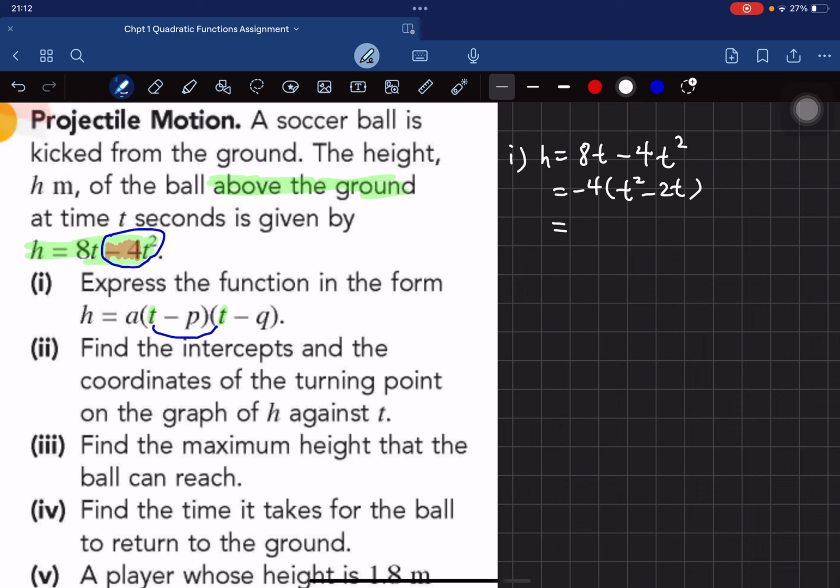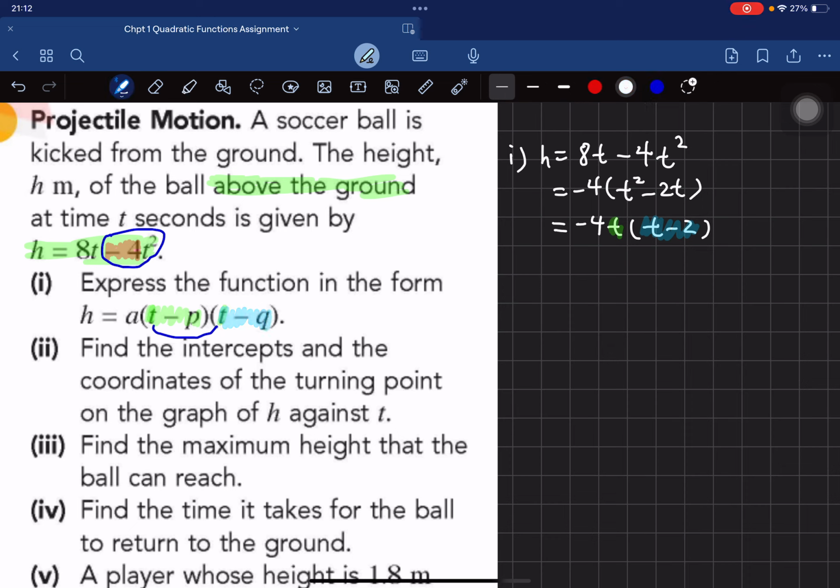Then I factorize further: -4t, then t minus 2. You can see this t will be t minus 0, which is similar to this, and the t minus 2 will be t minus q. These are our 1 mark questions.